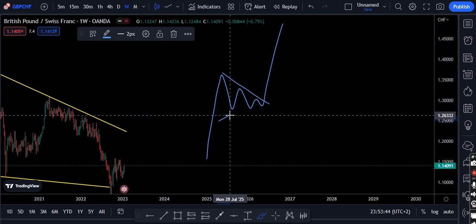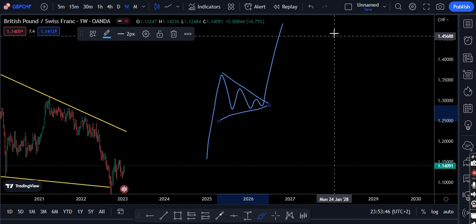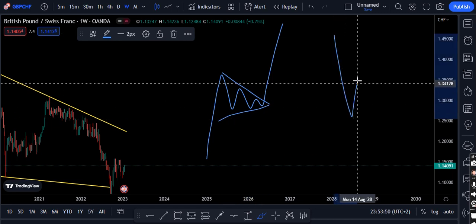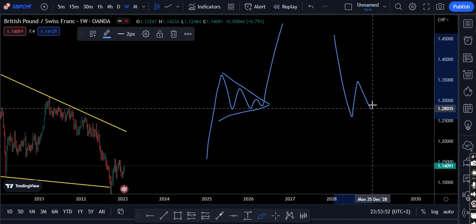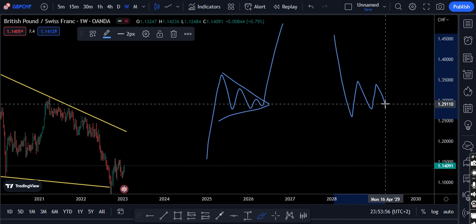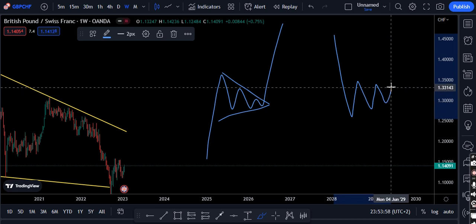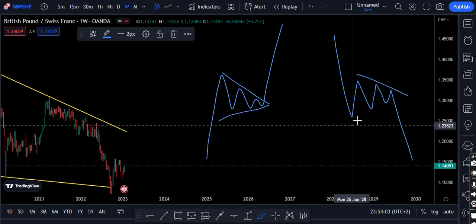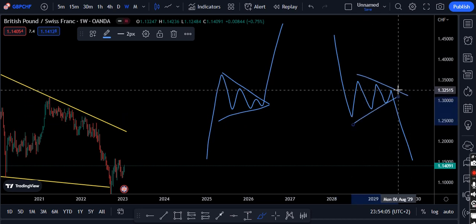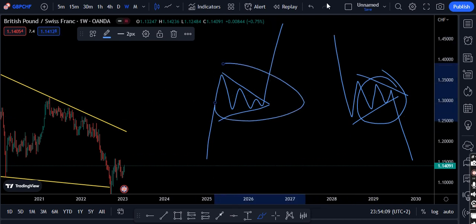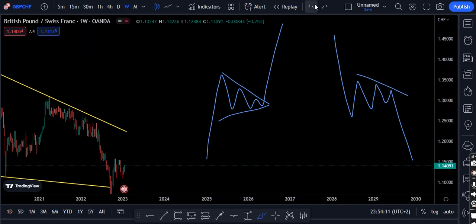This is an ascending triangle, and a descending triangle is always going to be found on a selling market. This is a descending triangle, and this is an ascending triangle.